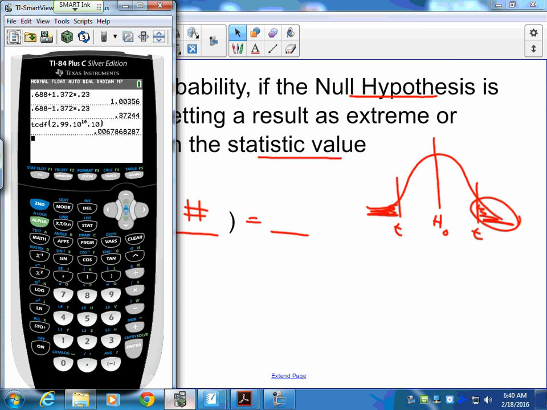Now, when you're going to your calculator, how do we get that p-value? Remember, it's second vars, or a distribution calculation, and we're doing a t-CDF, and then you always need your upper and lower boundary and degrees of freedom. So we would plug in those values to get the probability for this given situation.